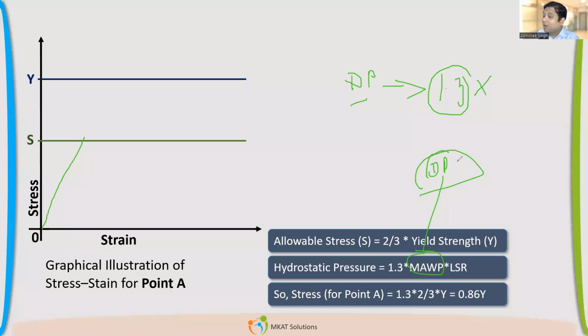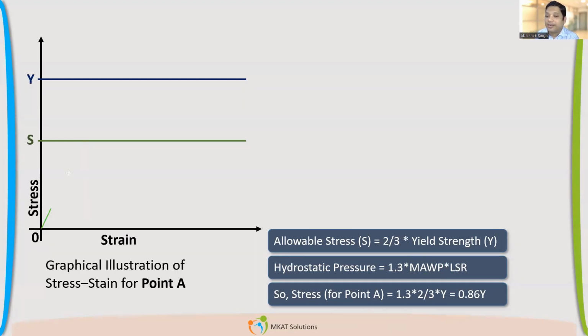At design pressure, I'll see the stress equal to allowable S. So my stress during hydro also will be 1.3 times the stress which I saw during the design pressure condition. Is it making sense what I just said?